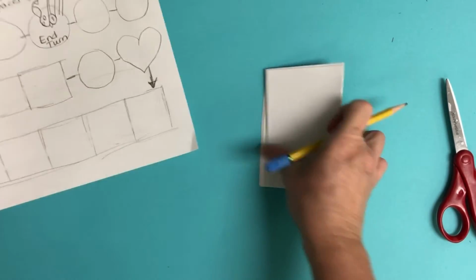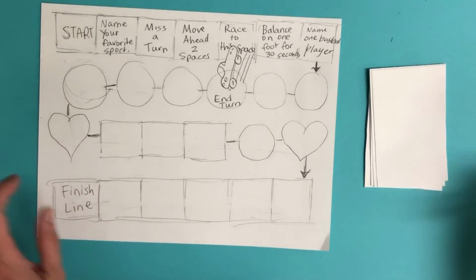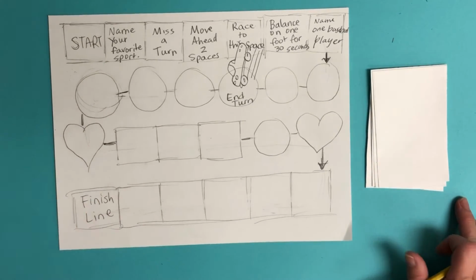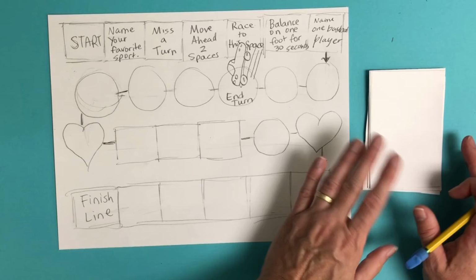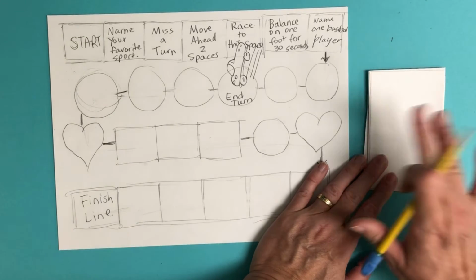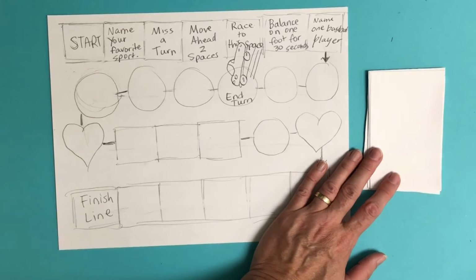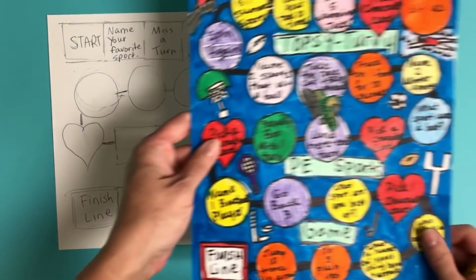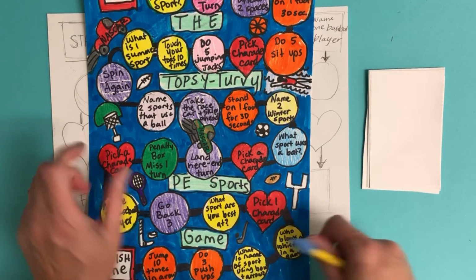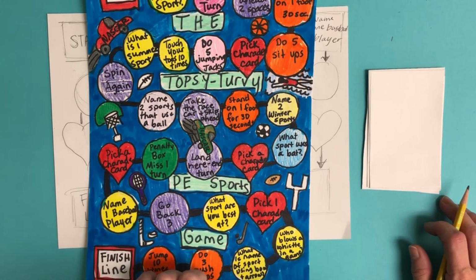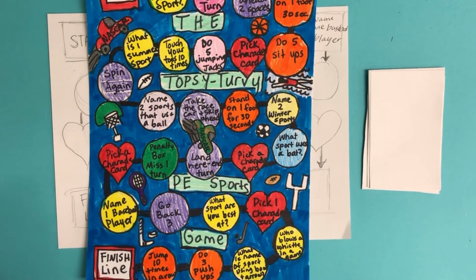Now, I haven't named my game board yet, so think about the name of your board, because if you've ever played with games, they usually have the name here. So I have actually another game board that I've completed, and it's called the Topsy Turvy PE Sports Game.